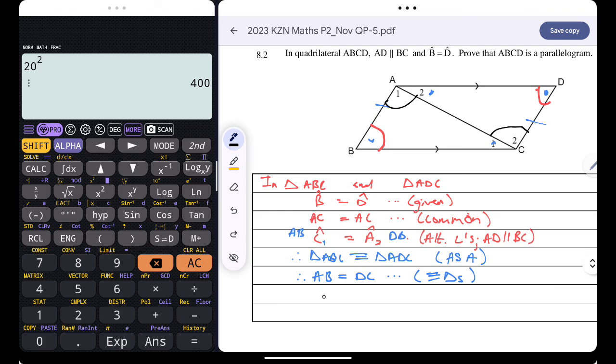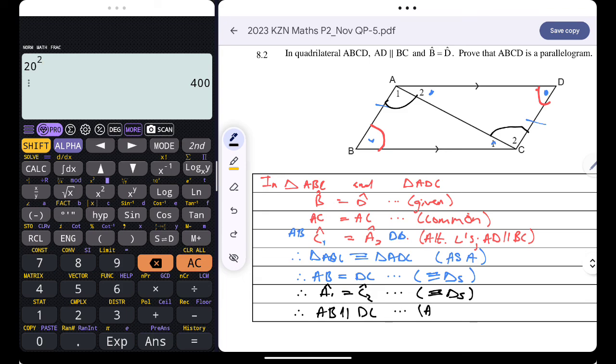So therefore angle A1 has to be equal to angle C2. Why? Because we have congruent triangles as well. So since angle A1 and C2 are equal, we can therefore conclude that AB is parallel to DC.